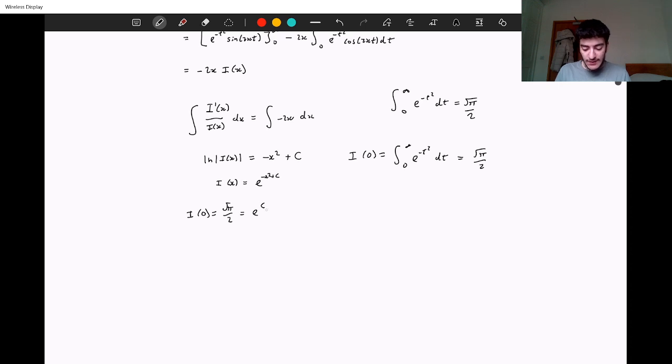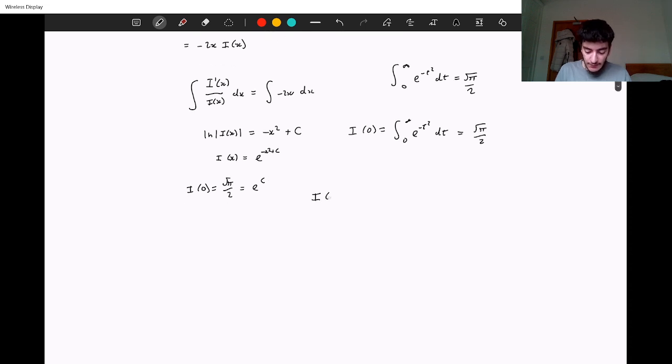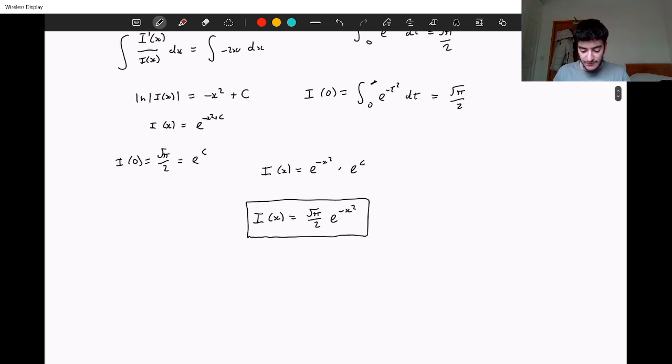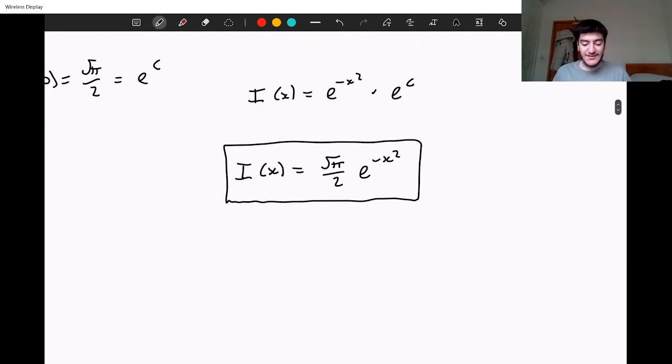And actually, we don't really need to, because remember, I of x is equal to e to the power of minus x squared times e to the power of c, but what's e to the power of c? Root pi over 2. So in fact, I of x is equal to square root pi over 2 times e to the power minus x squared. And that is our answer for today. That's a clean answer, isn't it?